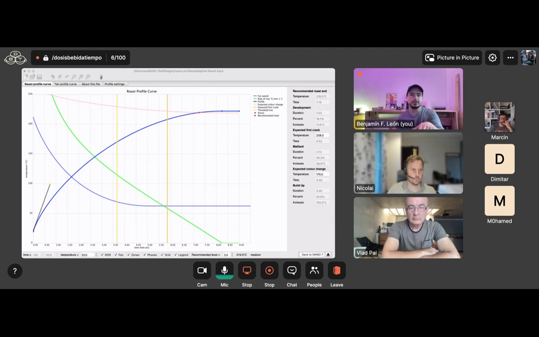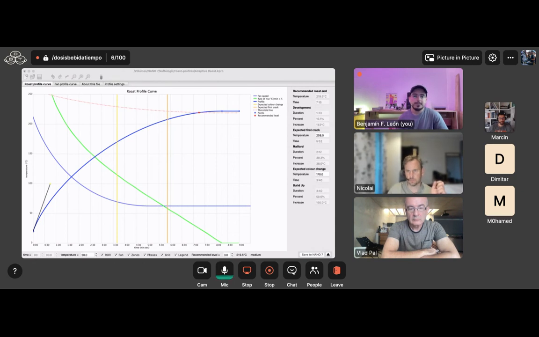But I do think the ROR curve is a very clear indicator of how technically well developed and well established a roast actually is. There are a couple of reasons behind that which are not necessarily heavily consensus around the commercial environment.